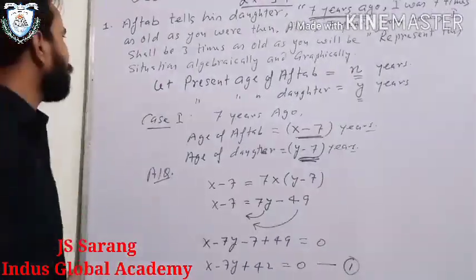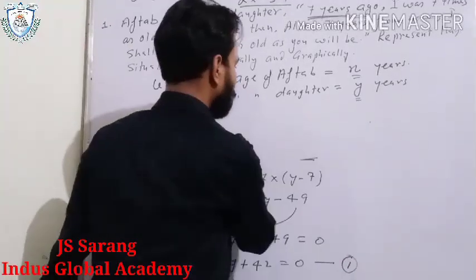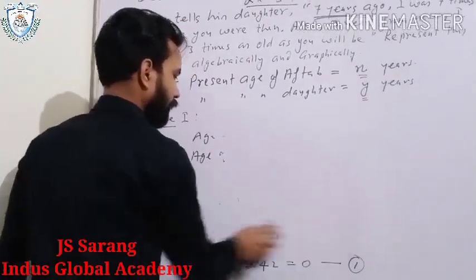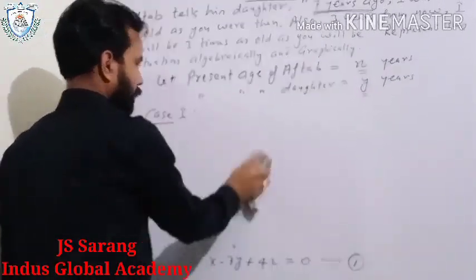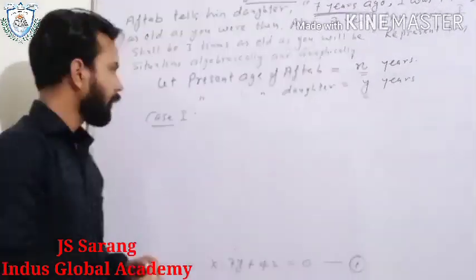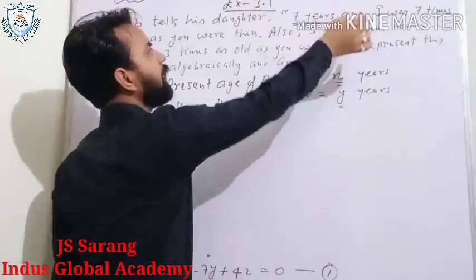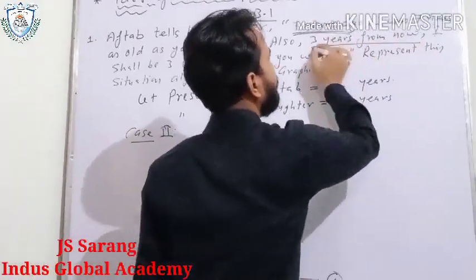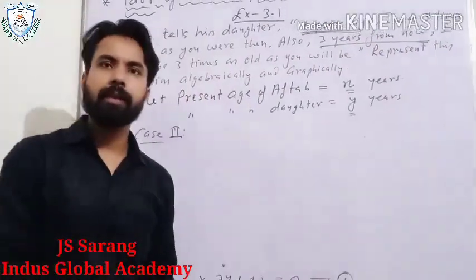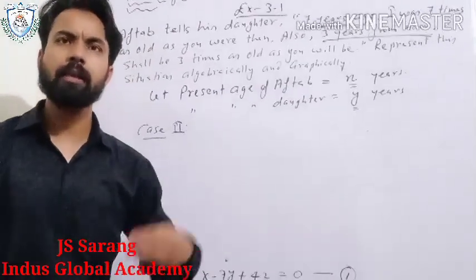So for the second equation, case number 2. The second case is 3 years from now. 3 years from now means 3 years after.